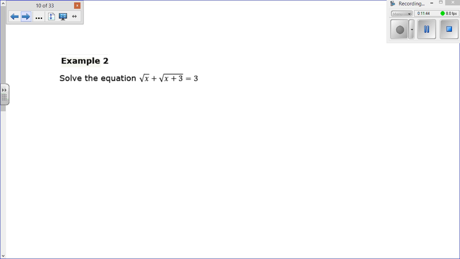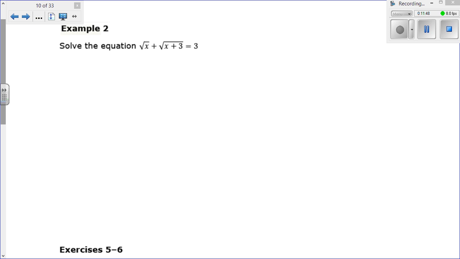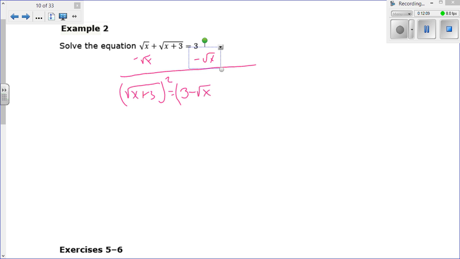All right. Solve the equation. We can't really get one radical by itself here, just like we did in those other ones. So we're just going to move them on the other side. So radical x plus 3 equals 3 minus radical x. I can square both sides, and here I will get x plus 3.